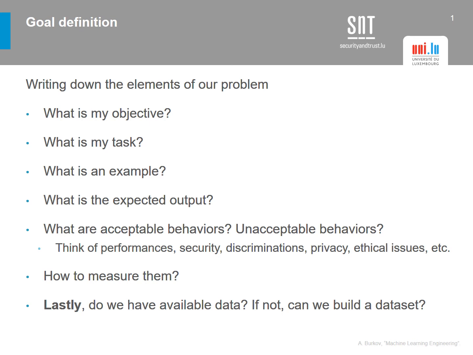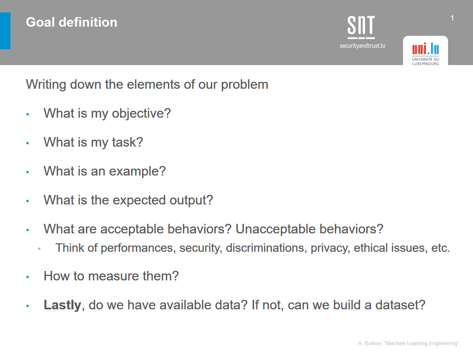It is written as lastly because it really has to be the last point that should be asked, because generally people rush to find the dataset to see what they can do, but generally it's really better to think the other way around, and to think what is our task or our general objective that we want to achieve, and then go step by step in the order that was shown here, and not to rush the other way around.